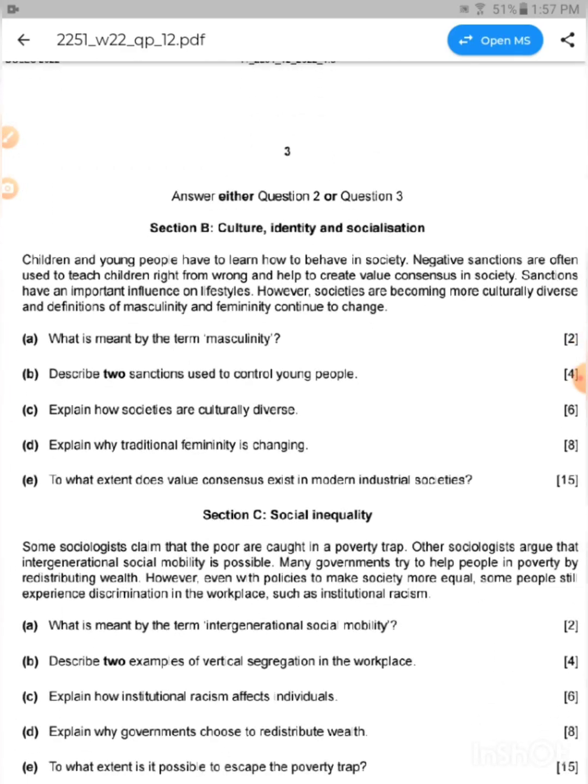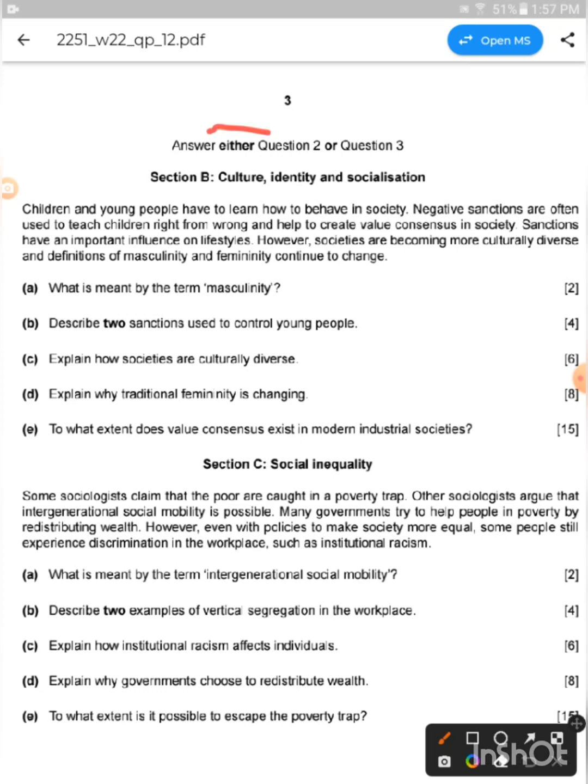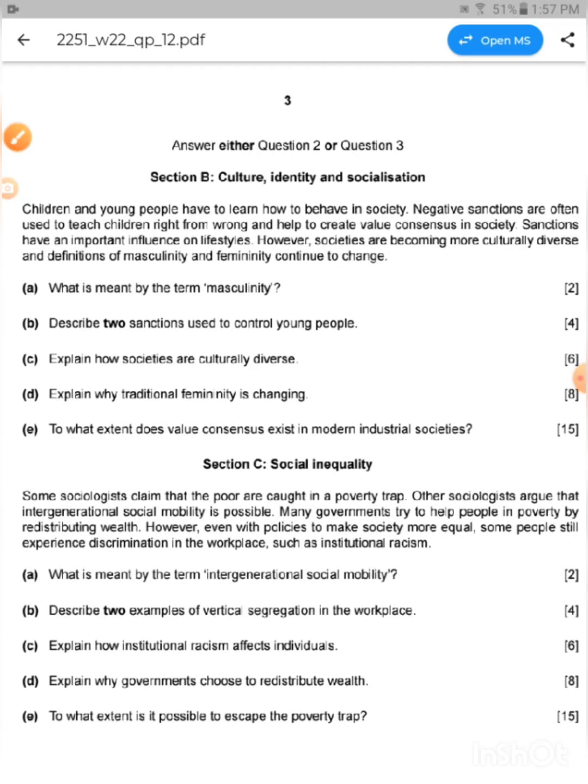Now in the next section, they have clearly mentioned that you have to answer either question 2 or question 3. So from a choice of 2, you have to do just one. Basically in sociology, you can prepare for any one section, but again extensively and thoroughly.